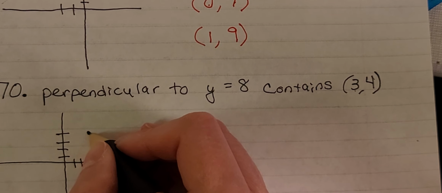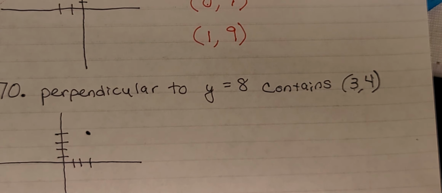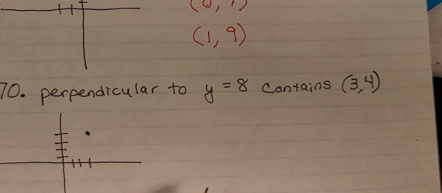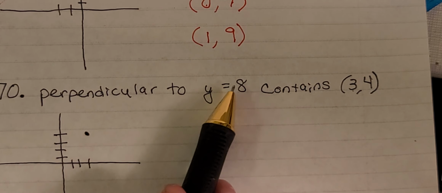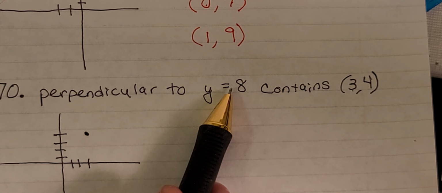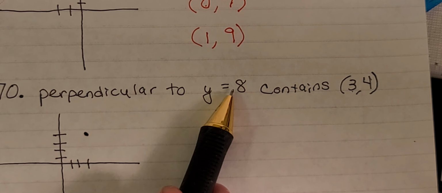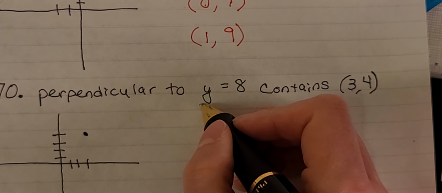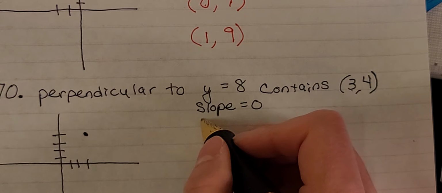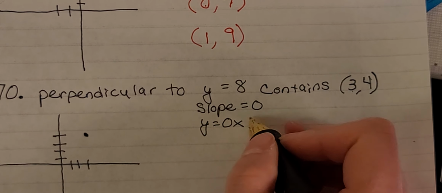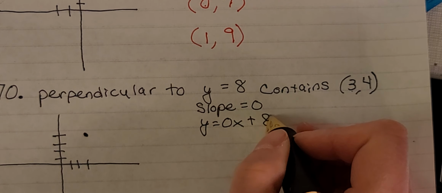Okay, so there's 3, 4. And if you look at this here, you see that there's nothing listed there. So that tells you that the slope has to be 0. Because this would be y equals 0, x plus 8.